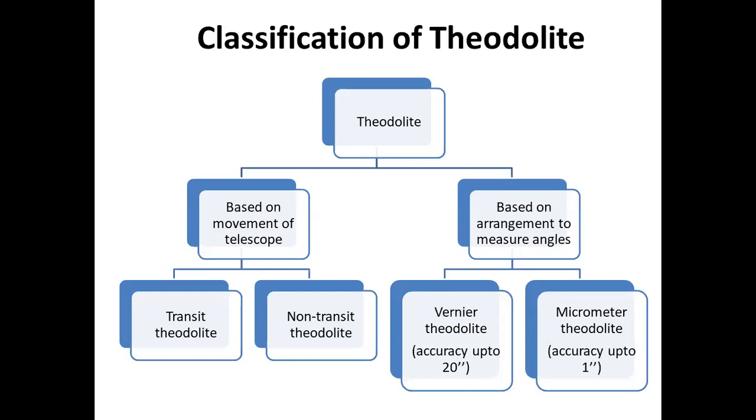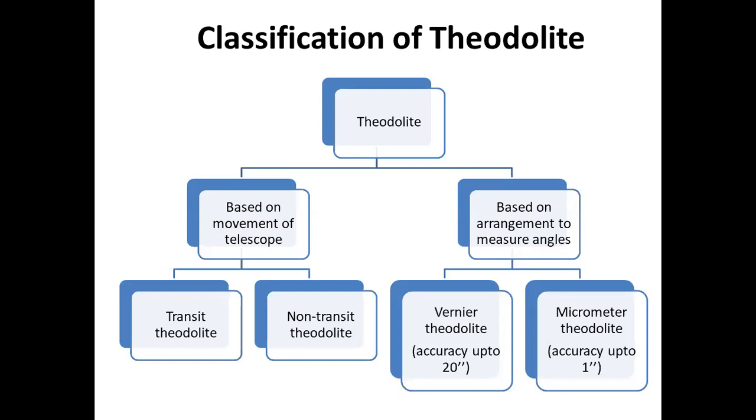It is used to read both horizontal and vertical angle also. These theodolites are fitted with the micrometer for taking reading and are also called microptic theodolite. This theodolite is also used for precise work. Most of these theodolites can read angle up to 1 second or even less.